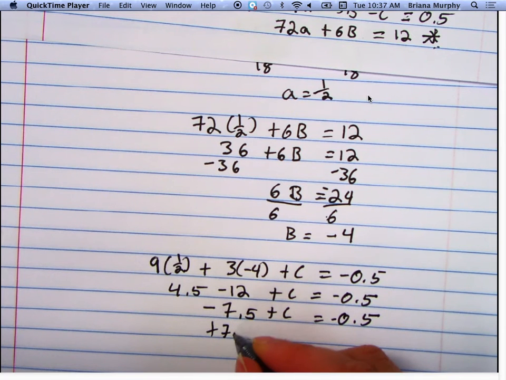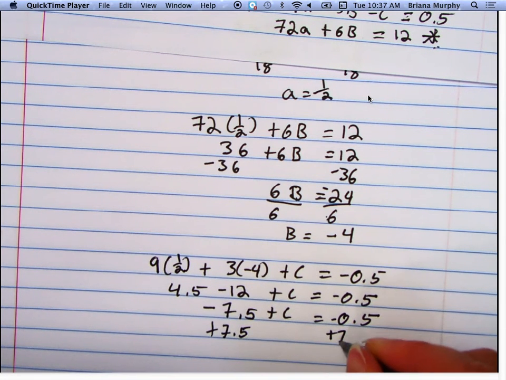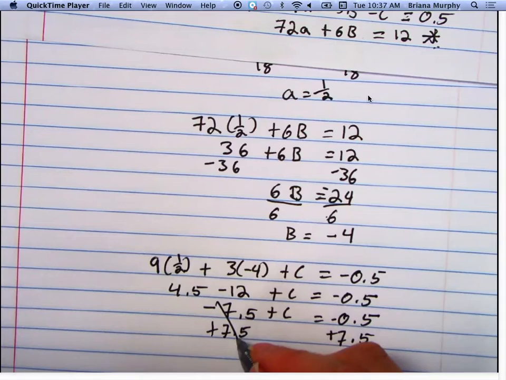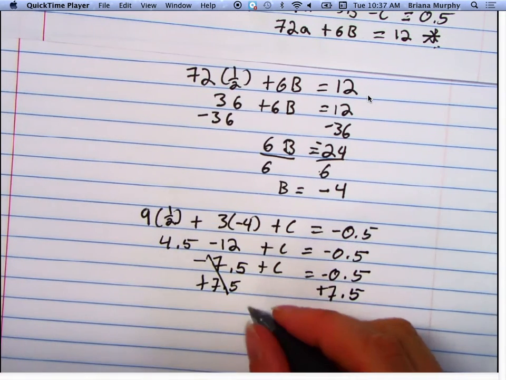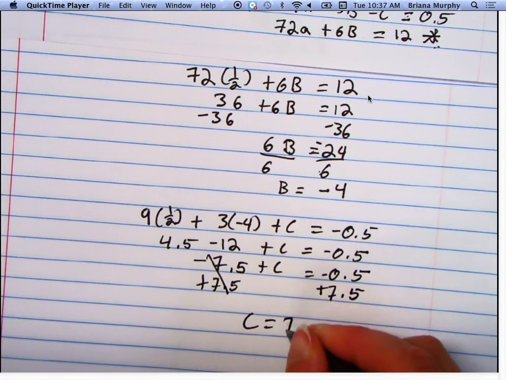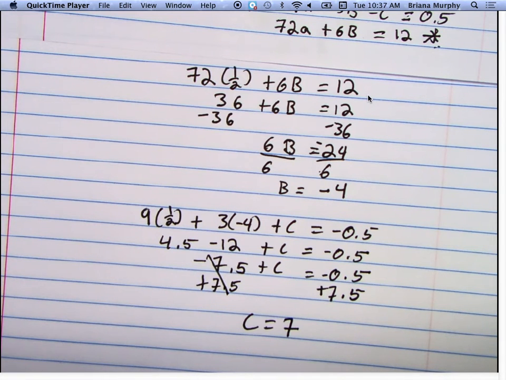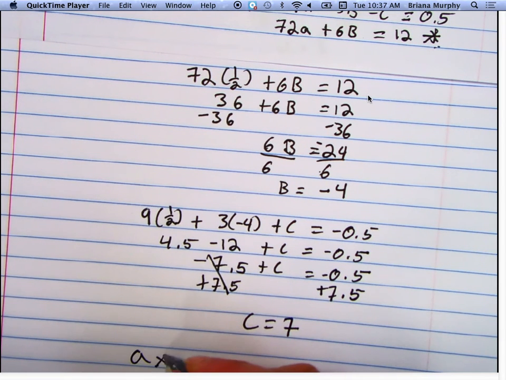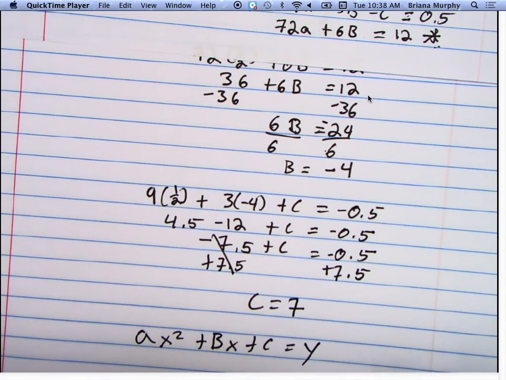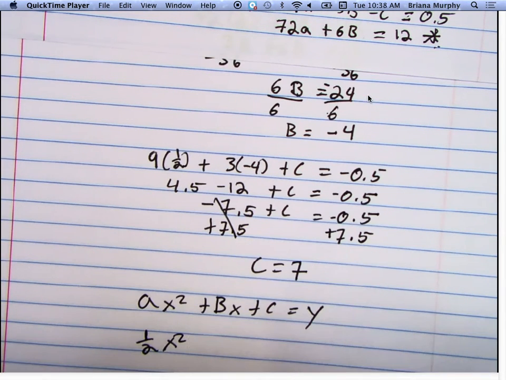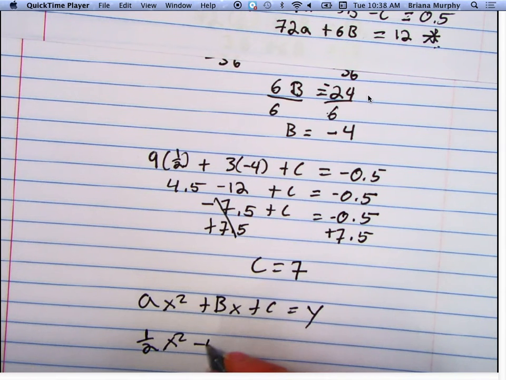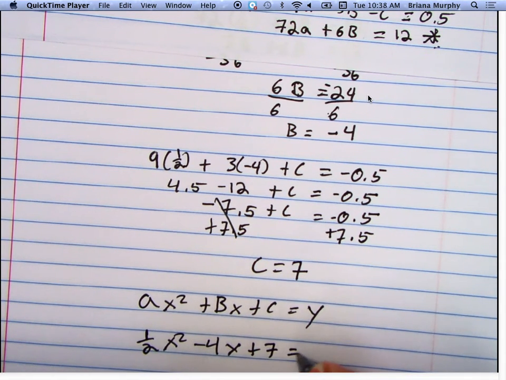Add 7.5 to both sides. These cancel. I'm left with C equals 7, and I'm plugging it in to my equation. Remember, it's ax squared plus bx plus c equals y, or f of x. So a is 1/2, minus 4x plus 7 equals y.